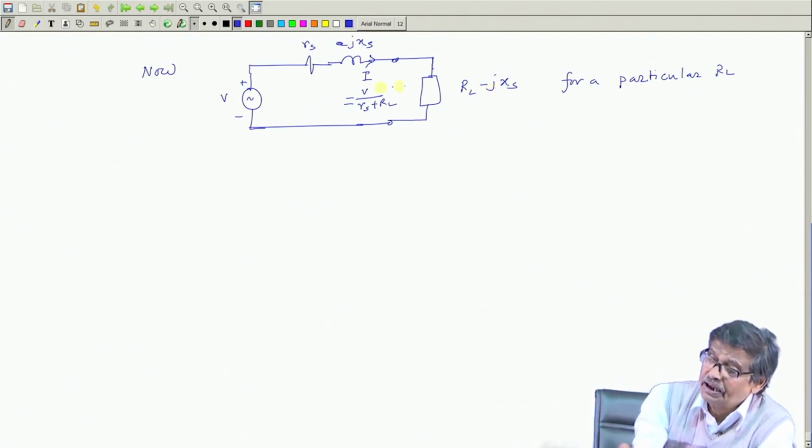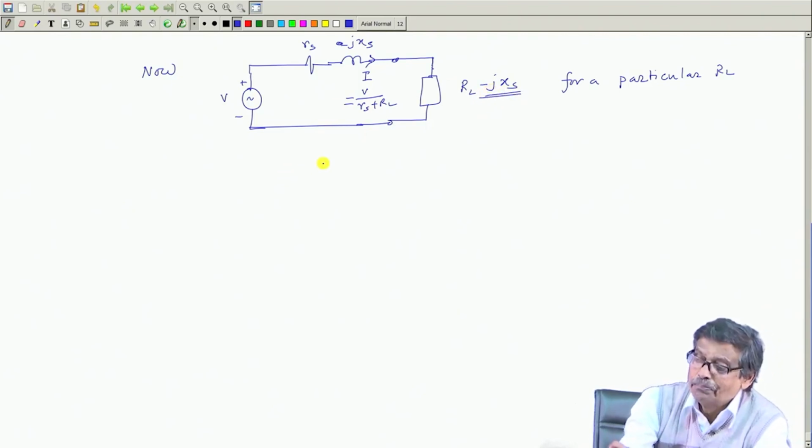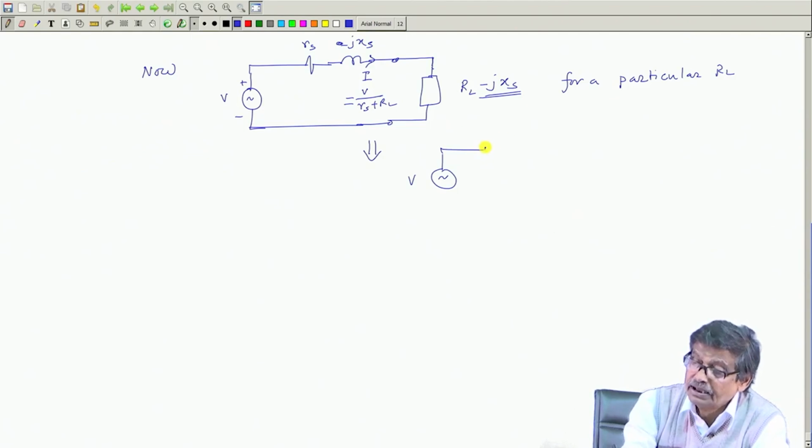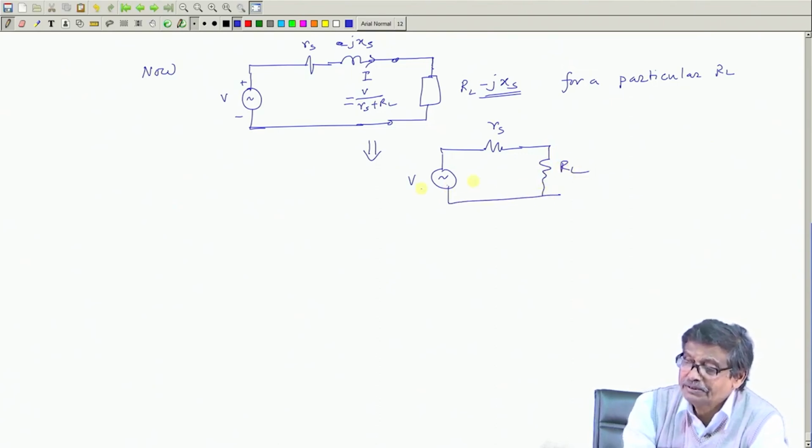Therefore, essentially once this is chosen, I will now play with RL, and this circuit, this RS, the magnitude of the current, this circuit becomes a unity power factor circuit looking at this. So, this is equivalent to RS and here is RL, what else.